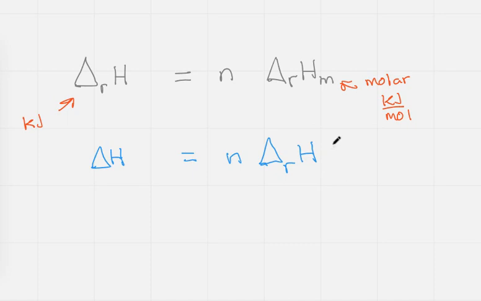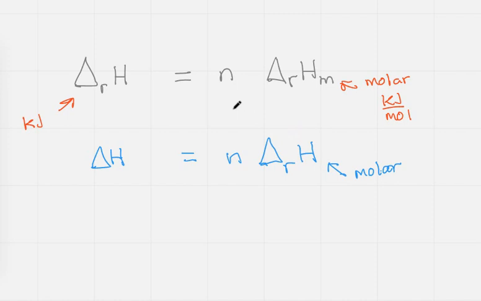You can see how this could be confusing if you're going from the notes to the textbook, because they both use delta RH, but tragically they use it for different things. In the book, this one is your molar enthalpy, and there's nothing in their notation that would indicate that. I generally think Inquiry into Chemistry is a decent book, but I am really unhappy with how they do this.